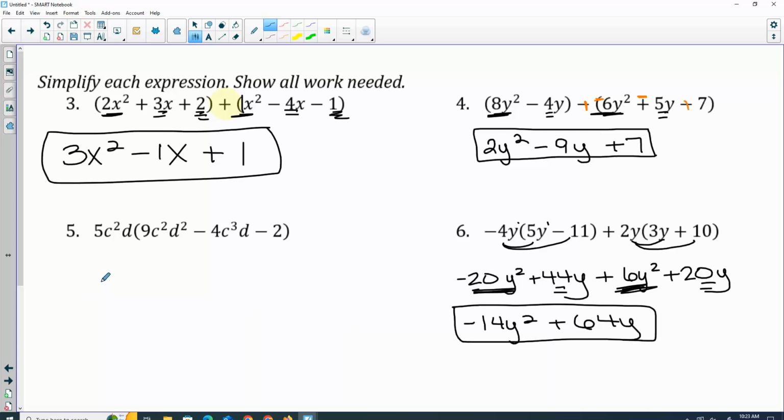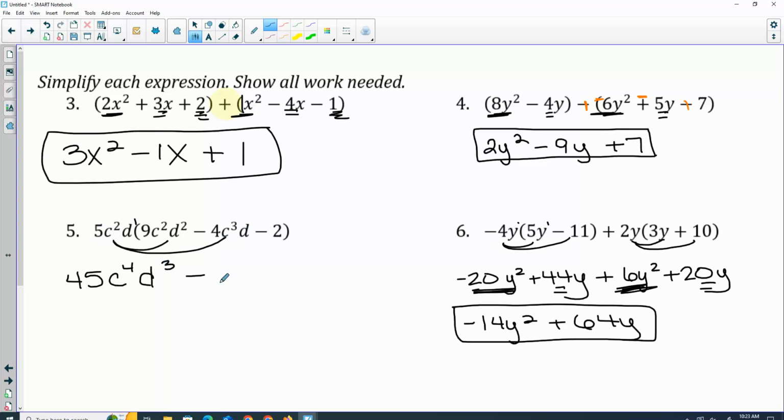On number 5, what do we have to do? Okay, when I multiply those, 9 times 5 is 45. What do I do with my C's? So 2 plus 2 is 4. D's, we have 1 and 2 more, so that's to the 3rd. You're taking this to every term.